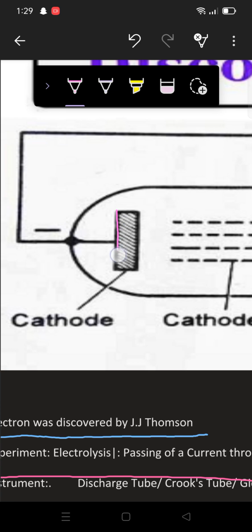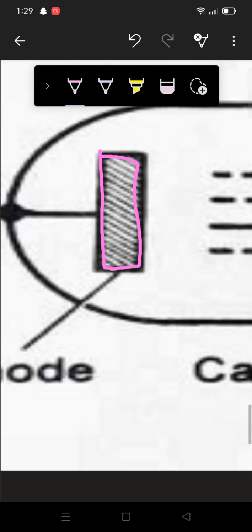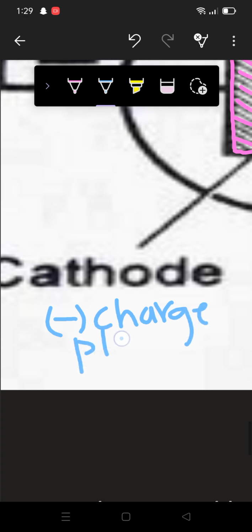This is the cathode, which is a negatively charged plate in the discharge tube. Otherwise, in the galvanic cell, the charges on anode and cathode change, but here the cathode has negative charge. It is the negatively charged plate, right?